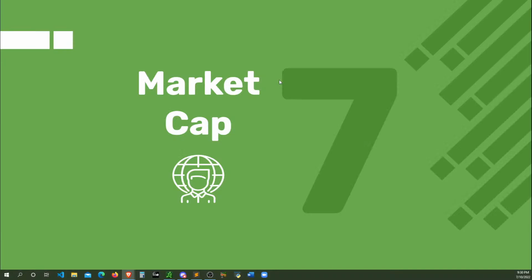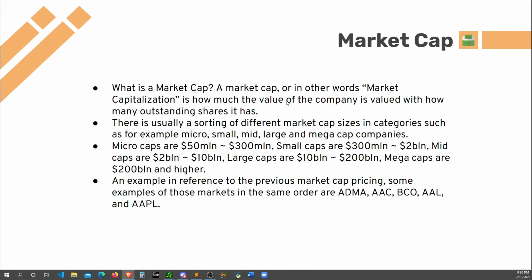All right, moving on. Market cap. Now this one is, I would say, even more so generalized. And when you look at market cap, you're basically looking for growth stocks or blue chip stocks, right? So market cap is how much the value of a company is based on how many shares it has outstanding.